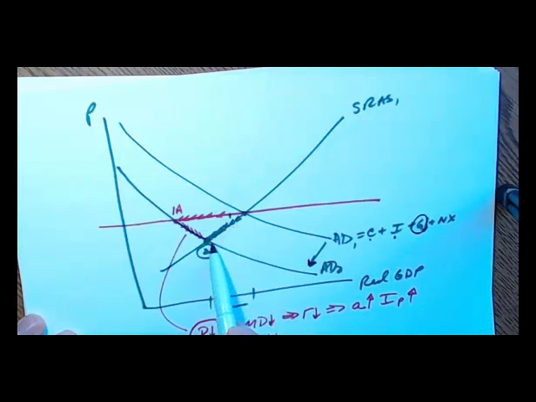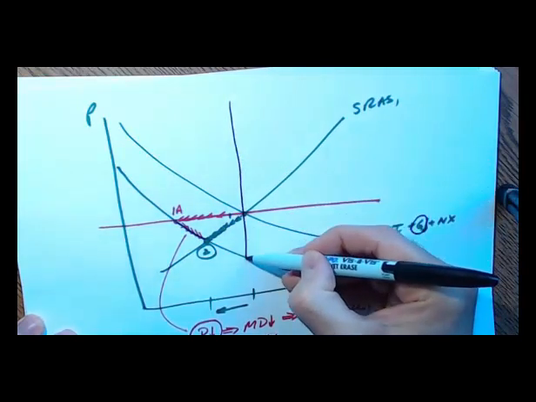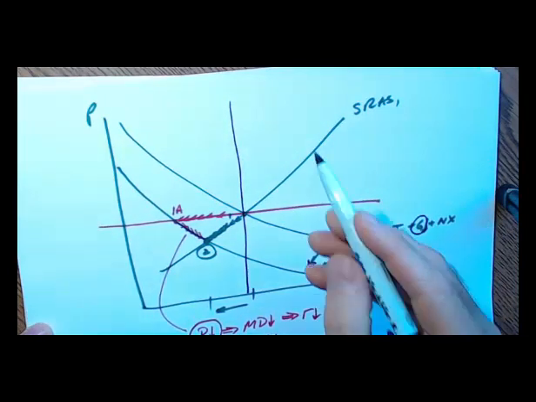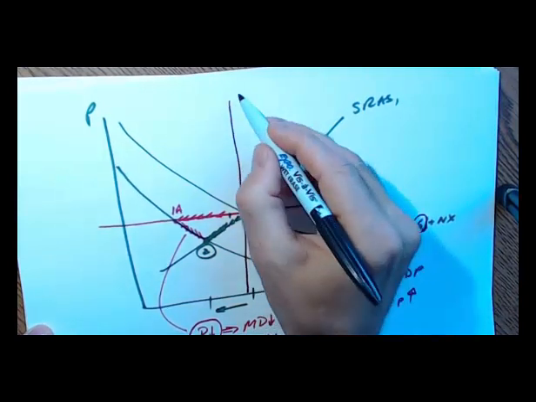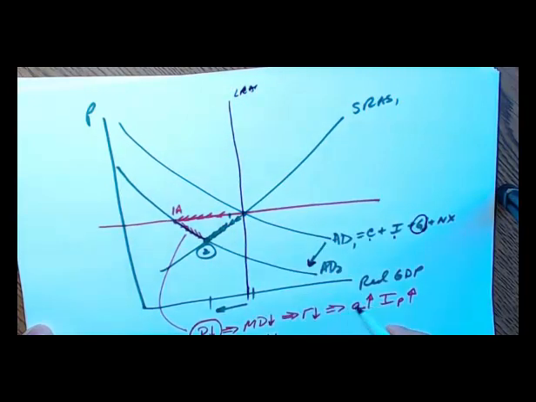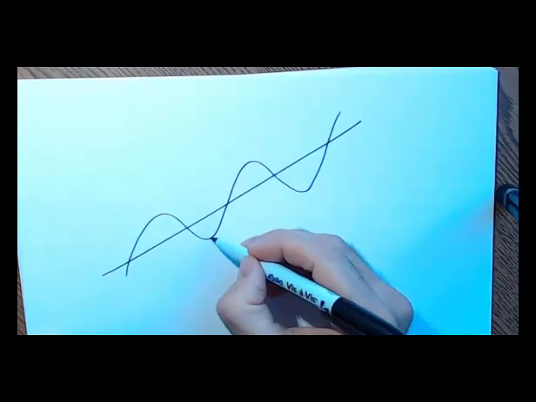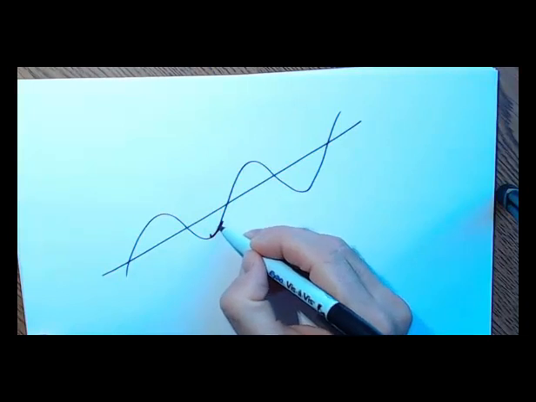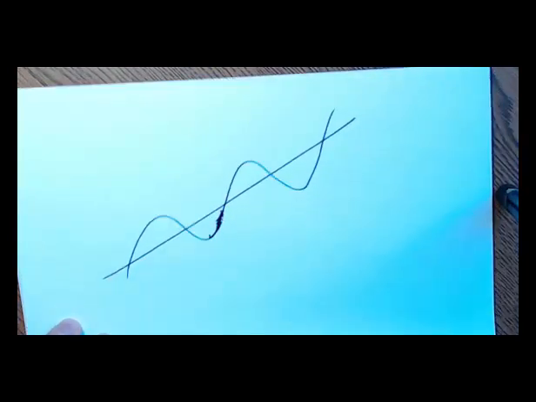How can the economy get back to its original long-run equilibrium if you assume that this was basically long-run potential GDP, the long-run aggregate supply curve, full employment at this level of GDP? How does it get back to here? Because when we're in a recession, somehow the economy snapped back, and that's where the long-run aggregate supply curve comes into play.